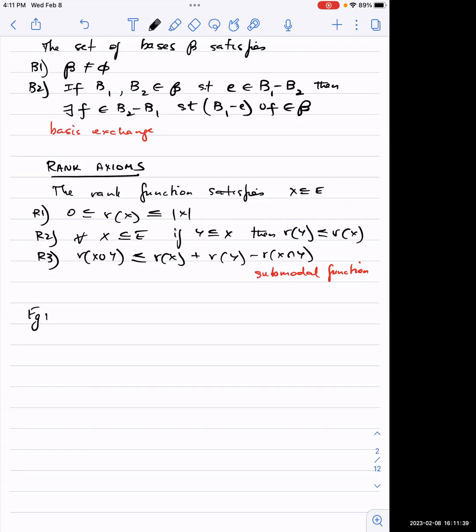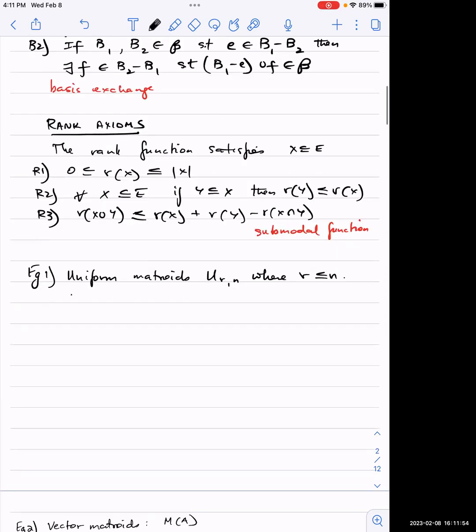And the first example that we did was uniform matroid. We're going to add a fourth example today. U_{r,n}, where r is less than or equal to n. So here the ground set is just n elements, right?